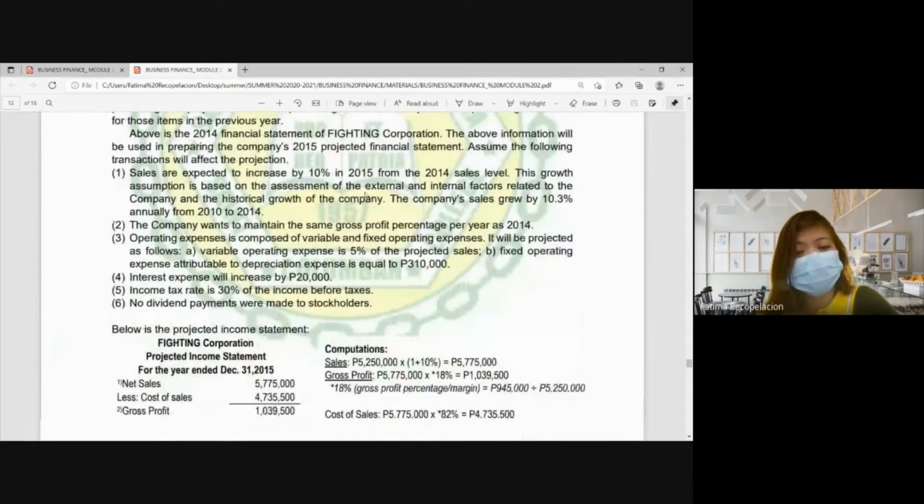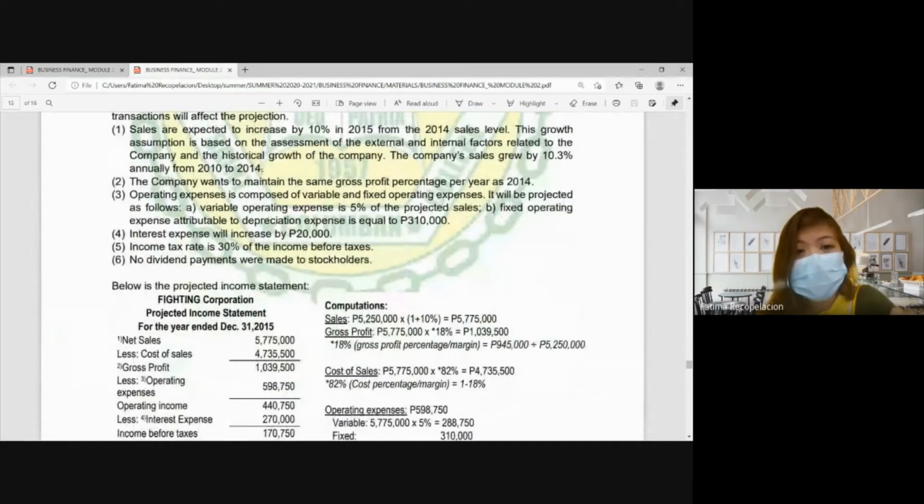Next assumption, number 2, the company wants to maintain the same gross profit percentage per year. The same daw as in 2014. So, what is gross profit, guys? I believe you already know this one. Gross profit is the profit after deducting the cost of sales. So, net sales minus cost of sales equals gross profit.